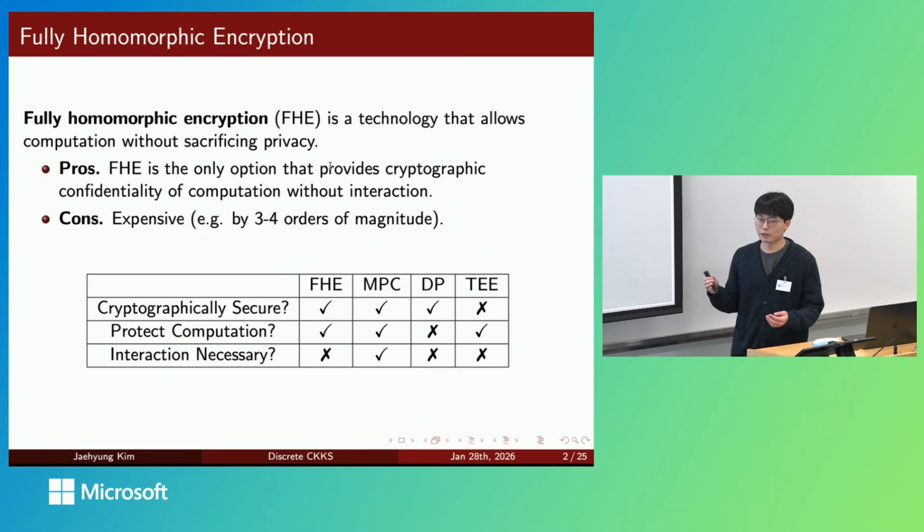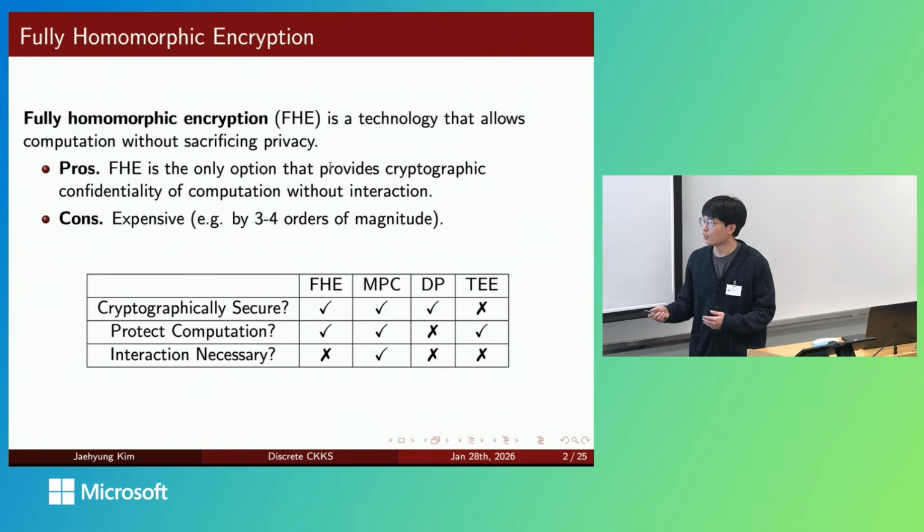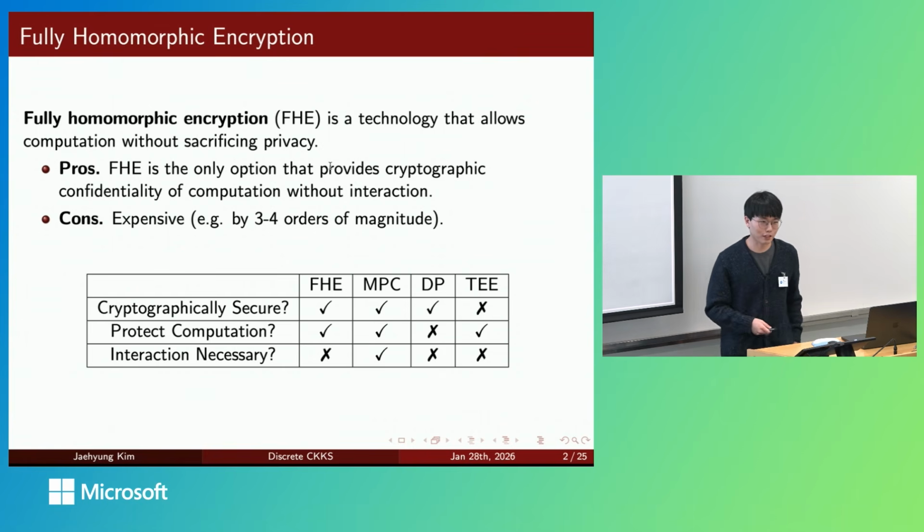In terms of advantage, FHE is the only option that provides cryptographic confidentiality together with the no-interaction property. As you can see in the table, if you just think about the functionalities of what FHE does, it is amazing, because you can do whatever computation you want without really interacting with others.